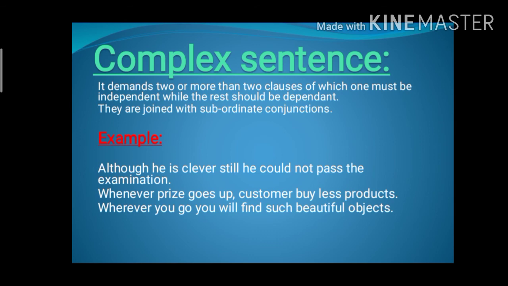According to number 3, whenever you go, you will find such beautiful objects. Here, you will find such beautiful objects is our independent clause, while our first clause, whenever you go, determines a condition. So we can say that this one is a dependent clause.